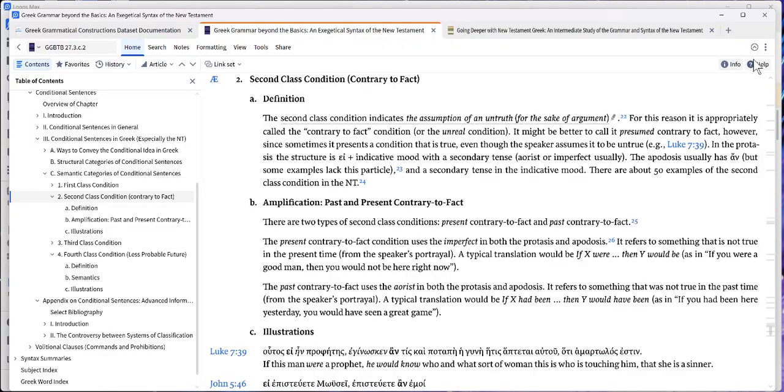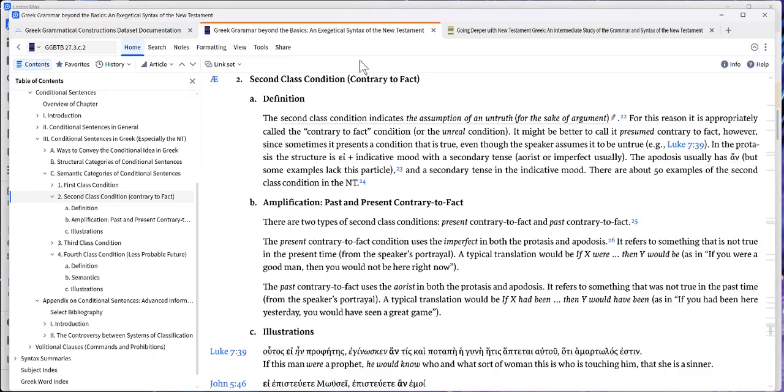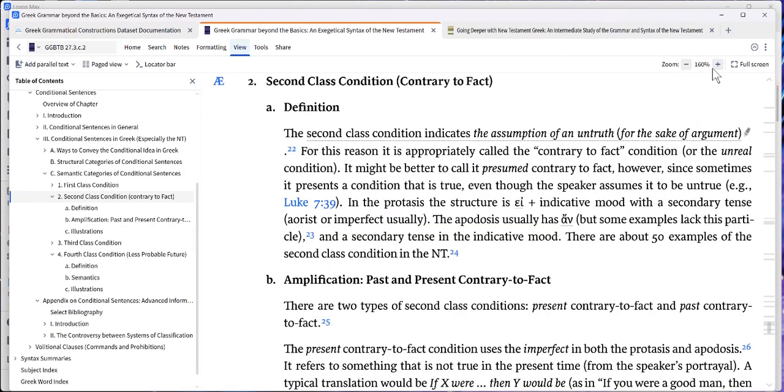Let's increase our font a bit. He says the second class conditional indicates the assumption of an untruth. It's a far better way to say contrary to the fact.